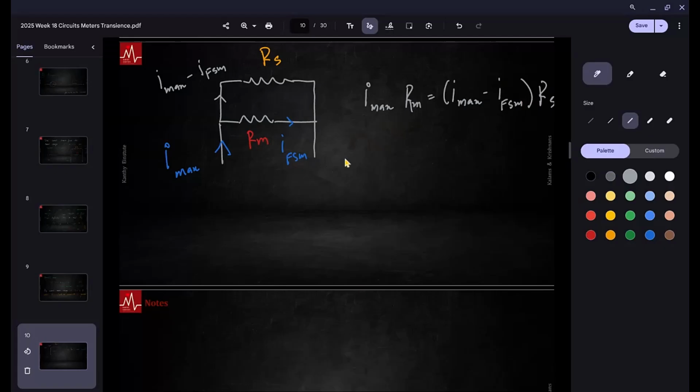If you change that to numbers, you have 1 into 50 equals (1 minus 10 power minus 3) into RS. That implies RS is 50 divided by 0.999. Oh, something is off.